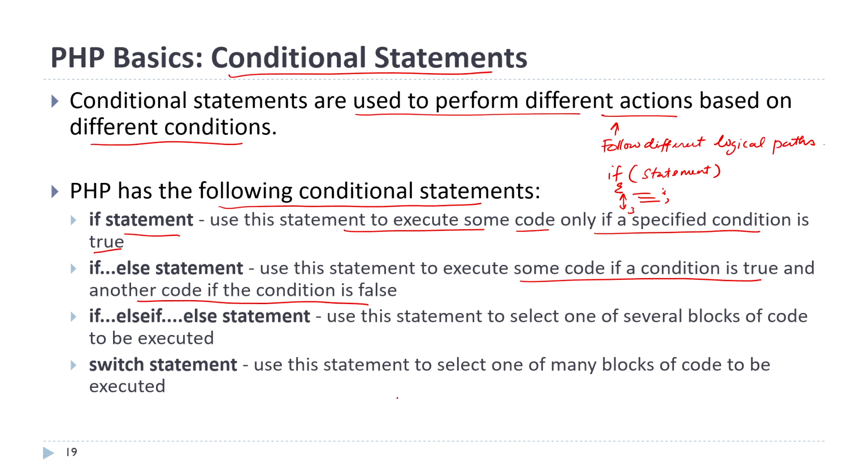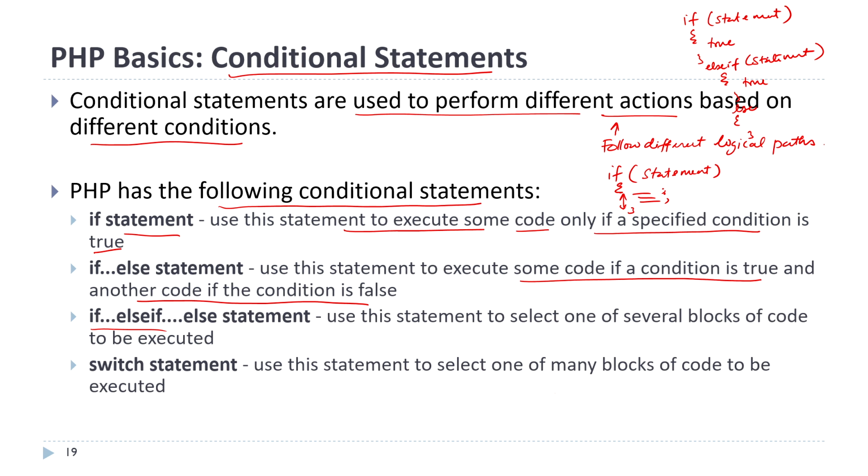Then the third one is if else if. You can think about it as an if statement, if this is true, do this, else if statement, if that is true, do this, else do this.